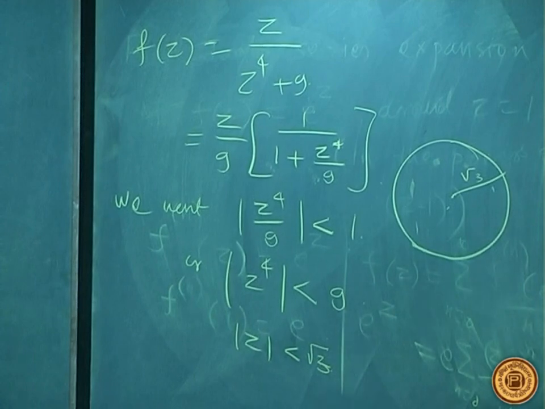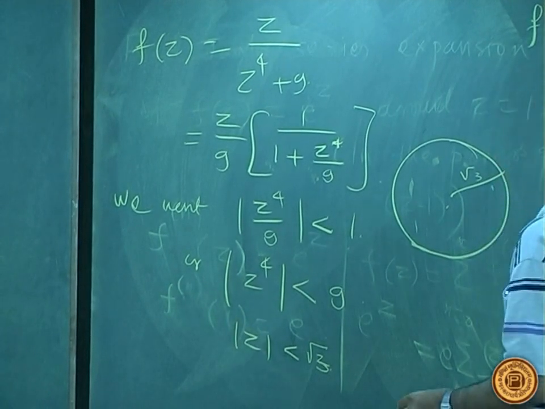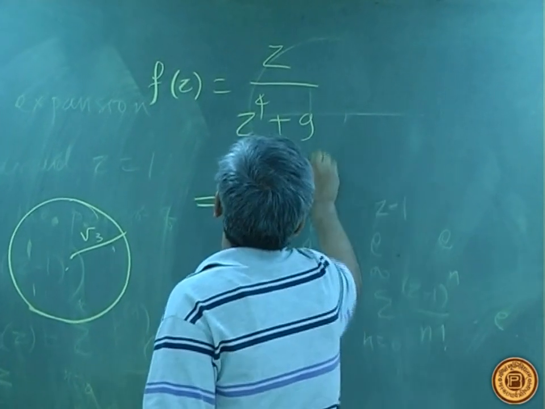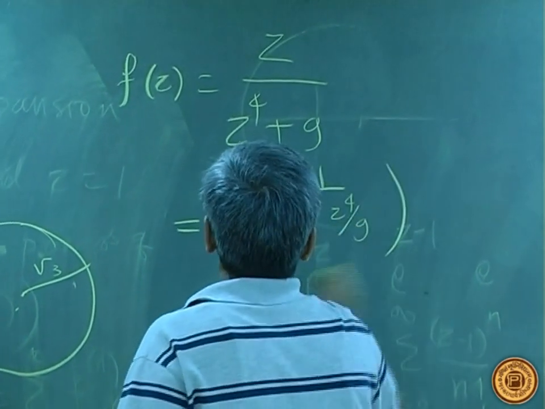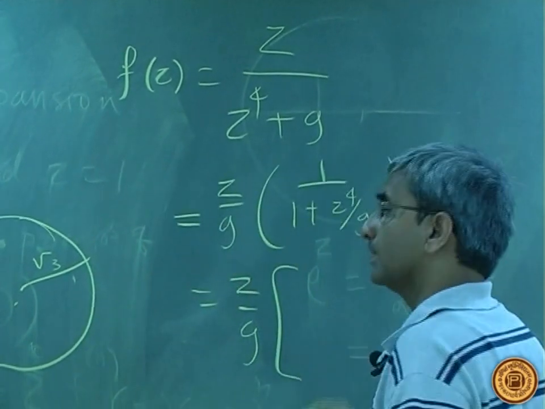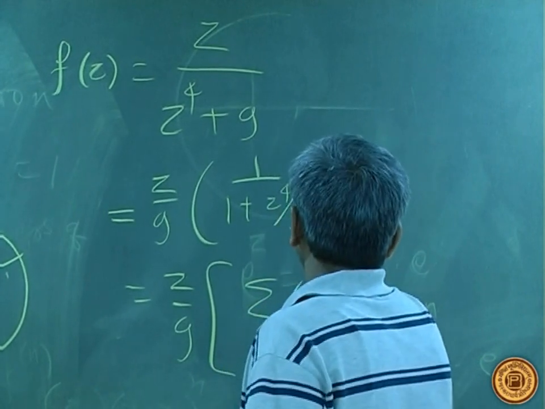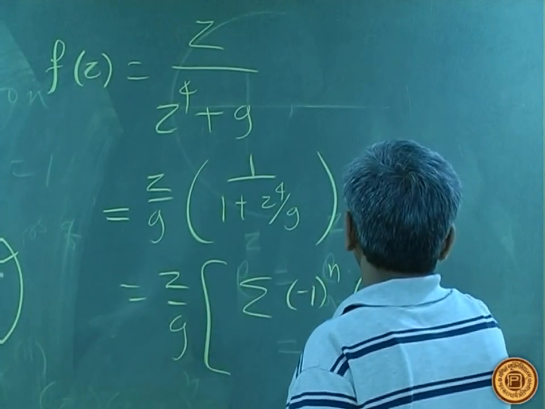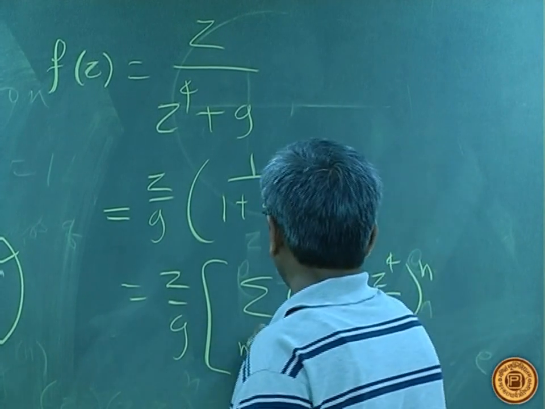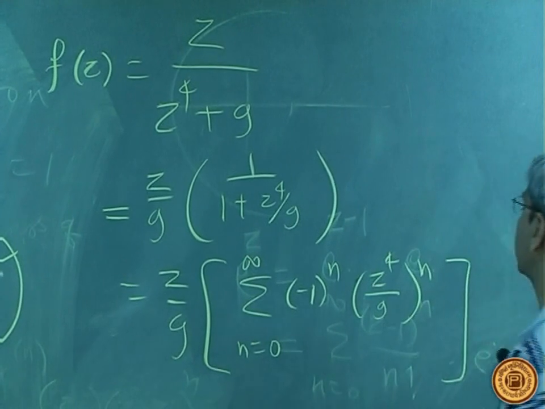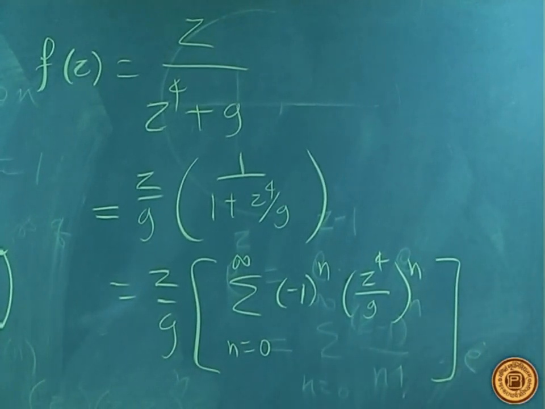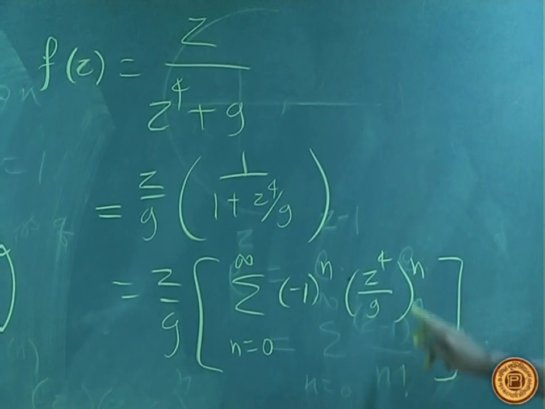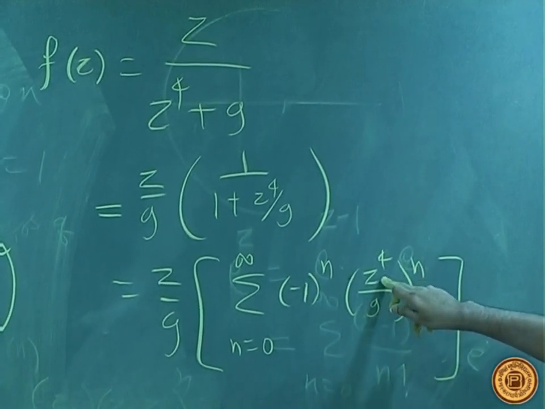So f(z), which is z by (z to the power 4 plus 9), is nothing but z by 9 times 1 over (1 plus z to the power 4 by 9), which is equal to z by 9 into summation of minus 1 to the power n times (z to the power 4 by 9) whole to the power n, n from 0 to infinity. So this is z power 4n and this z.